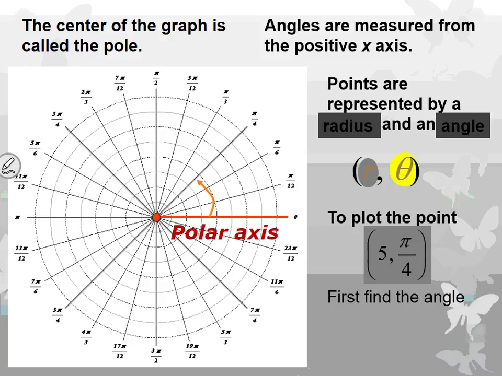So obviously, my answer has to be on that pi over 4 ray. Does that make sense? My point has to show up on there. And then we count out 1, 2, 3, 4, 5 circles. And the intersection of that fifth circle and that pi over 4 ray, that point right there, is 5 comma pi over 4.